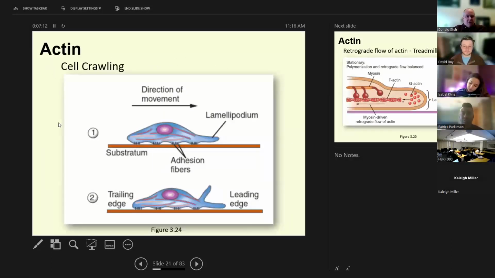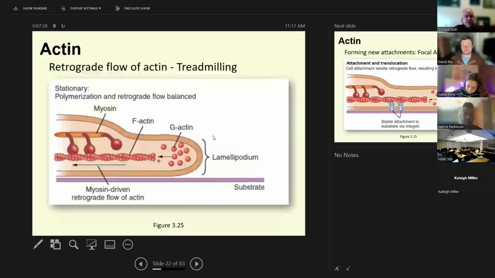And here is the cell crawling itself. And 4 steps: protrusion, attachment, translocation, and release. And they're all happening at the same time, basically. But first, your lamellipodium extends out, that's protrusion. And the interesting thing about that is it's going to treadmill here for a little bit.